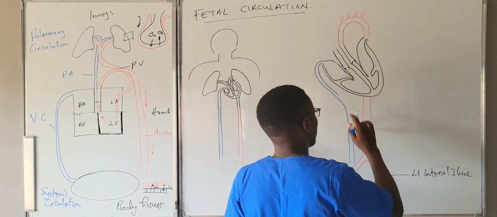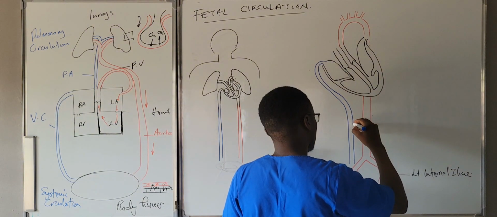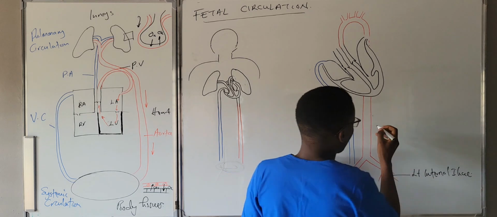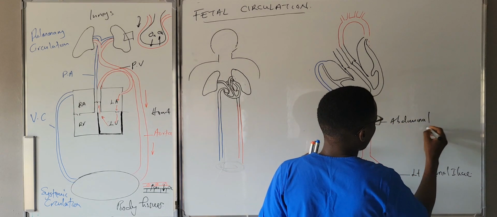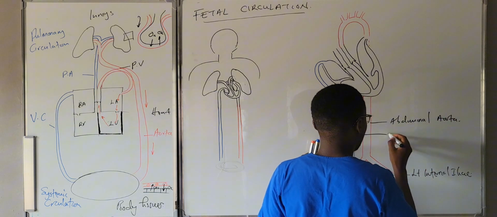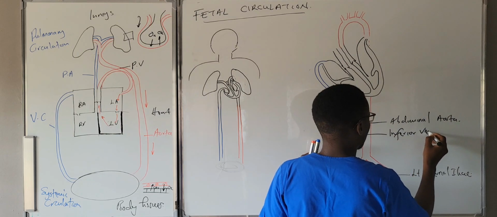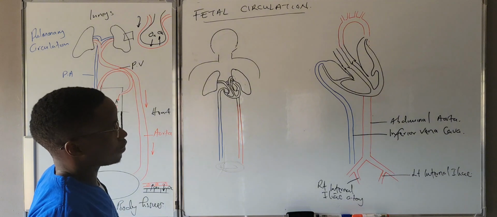In this case, I'm only showing the inferior vena cava. So here we have the abdominal aorta, and then here we have the inferior vena cava.